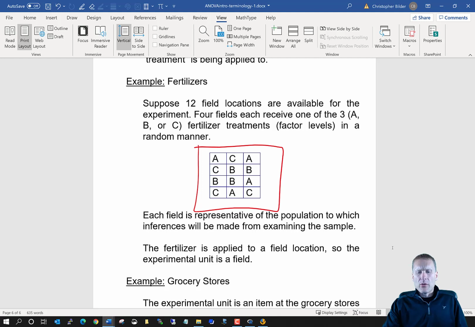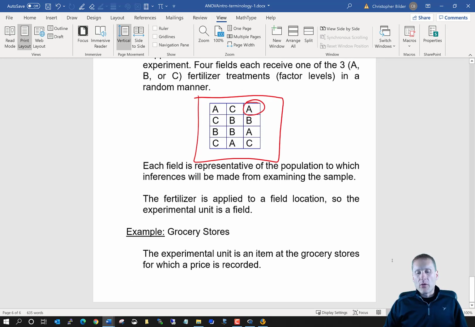We divide it up into 12 different parts, where in each part we apply one of the particular fertilizers. Each of these squares will give us a yield. So our experimental unit is one of these pieces of land, and we measure our response variable, which is yield. For the grocery store example, the experimental unit is the actual item at the actual grocery store. That's what we're going to observe the price of.